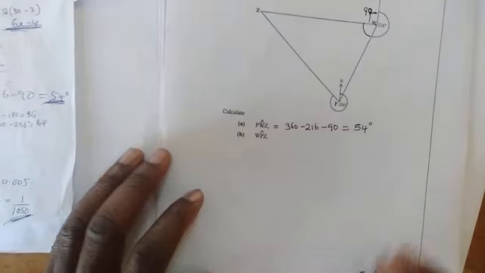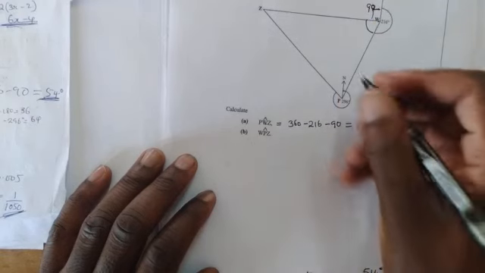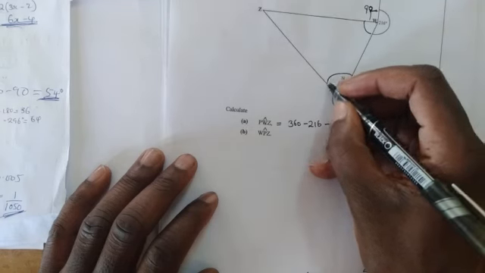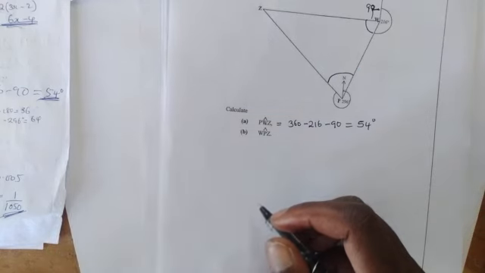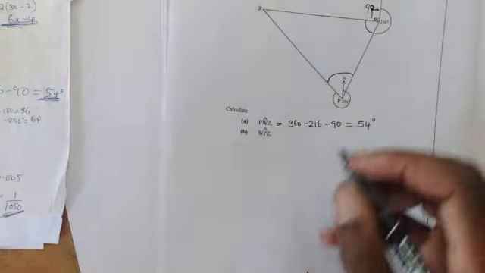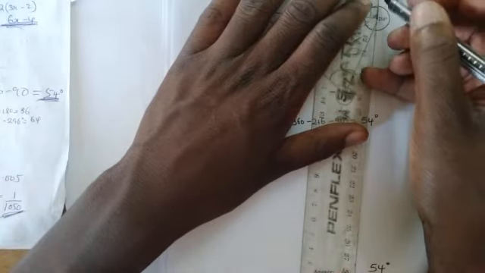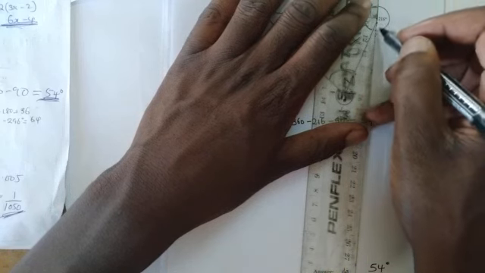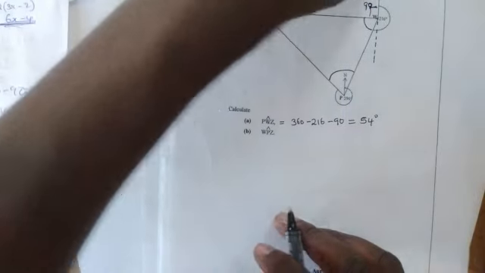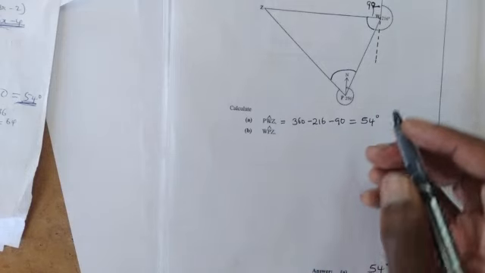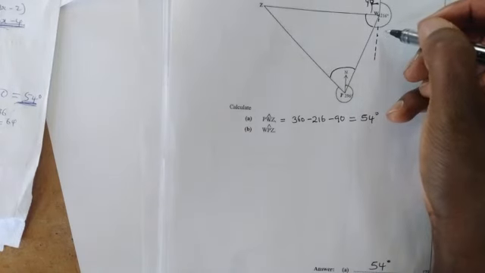Then the second one is WPZ. We want this whole angle here. What is it? Okay? So what we are supposed to do first here is we need to extend this north. When we extend this north, it will come down here straight like this. So after we have done that, we know now that this angle from here up to this one on a straight line is 180.